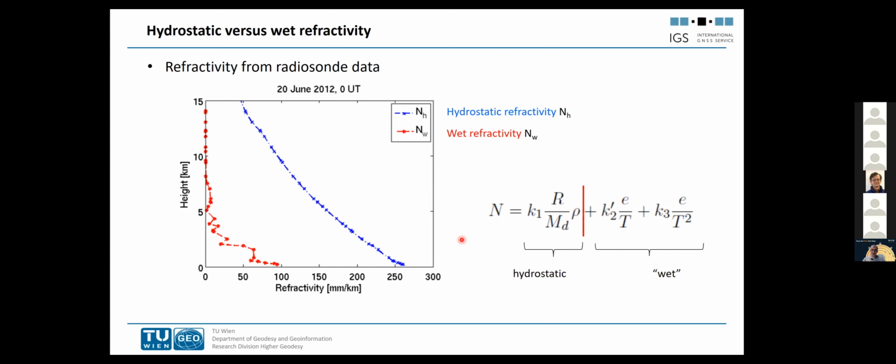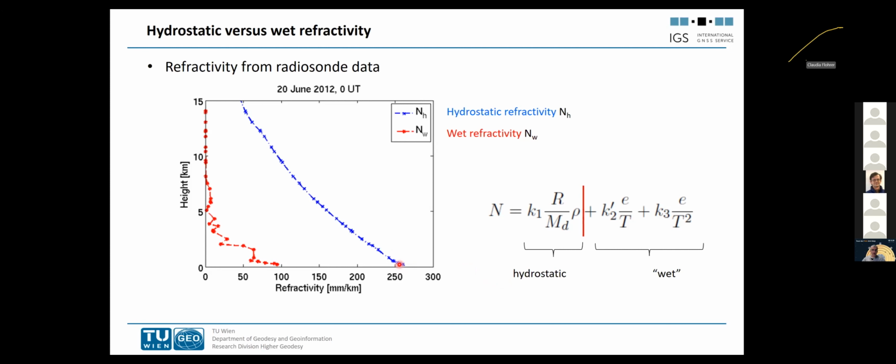This behavior is smooth, and if you integrate over the density, you get the mass, and with the gravity you can connect the mass to the pressure value.